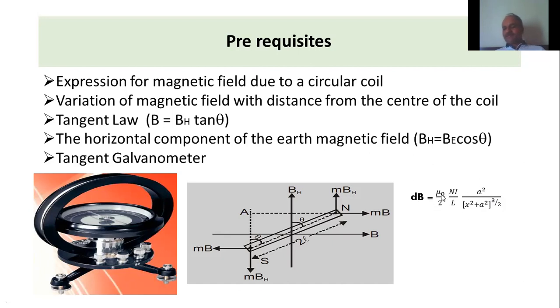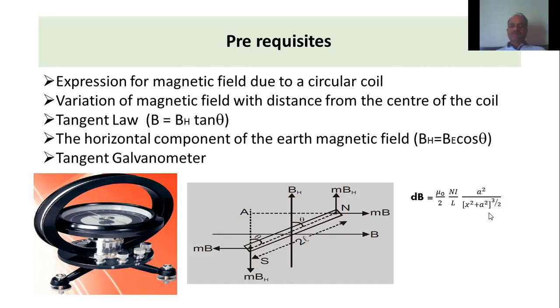In this equation, this mu naught is the absolute permeability of free space, capital N is the number of turns in the coil, I is the current, L is the length of the wire, A is the radius of the coil, and x is the distance of our point of reference on the axis of the coil.